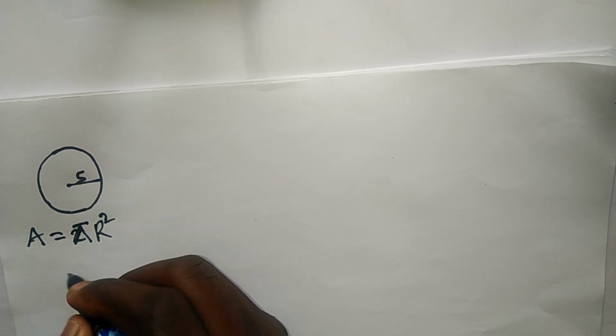Now for area, we know that it's pi r square, right?